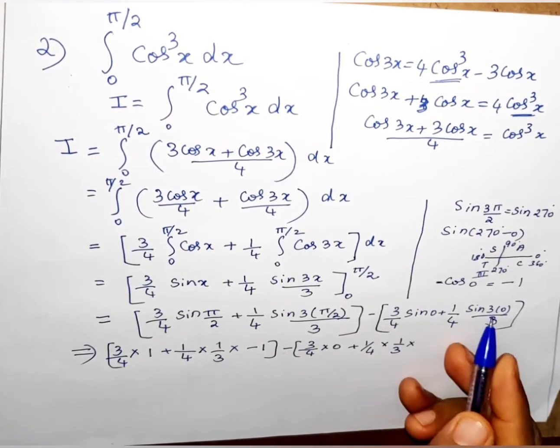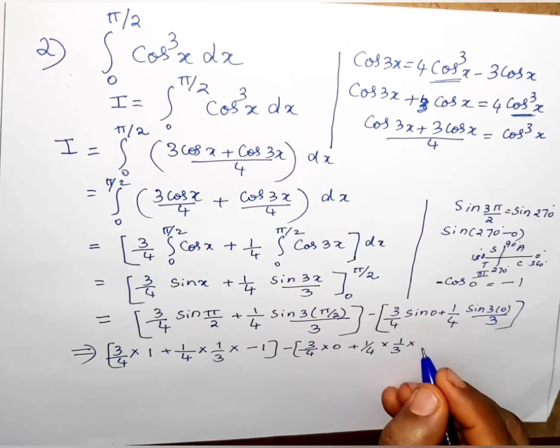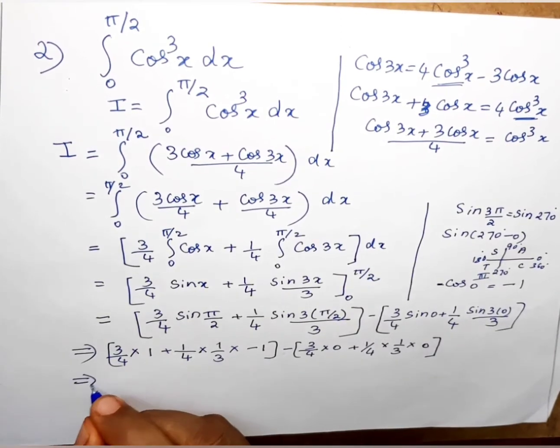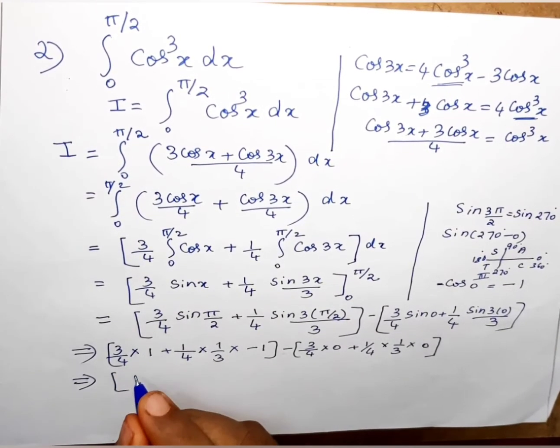But 1 by 3 is a constant. Let us remove it out. So 1 by 4 into 1 by 3 into sin 3 into 0 is sin 0, and the value of sin 0 is 0.